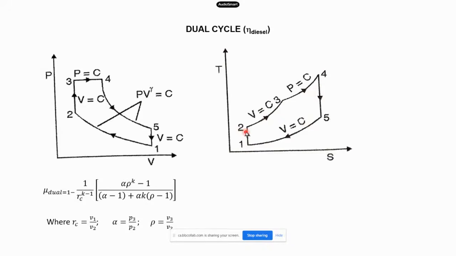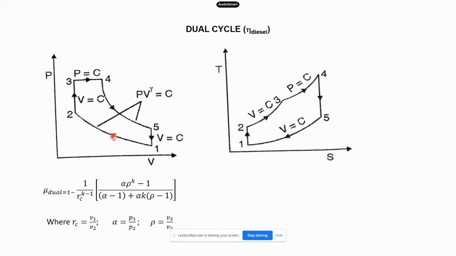So it helps you check whether your answers make sense or not. Just like on the other side, where P2 is less than P3, and P3 is equal to P4, and so forth. So this is very, very important.